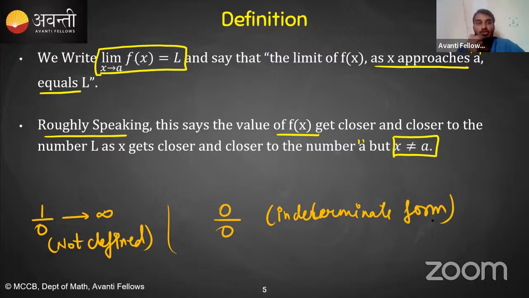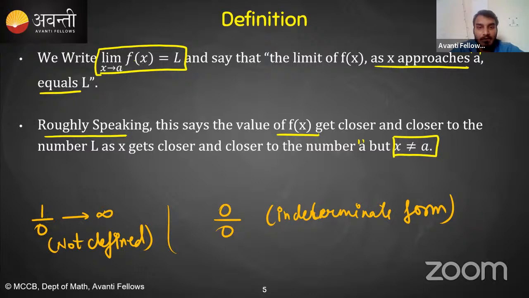It means 0 by 0 can take any value, depending upon the function. When you have the situation where it becomes 0 upon 0, it can take the value 0, or 10, or pi, any value. It just depends on the function. So that's why we say that 0 upon 0 is indeterminate form.